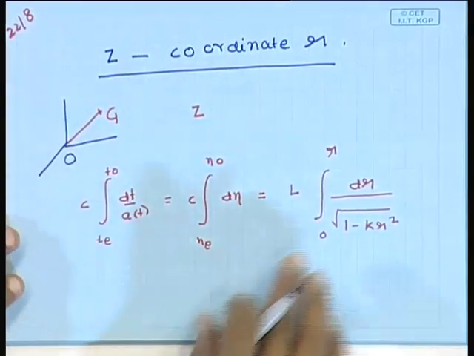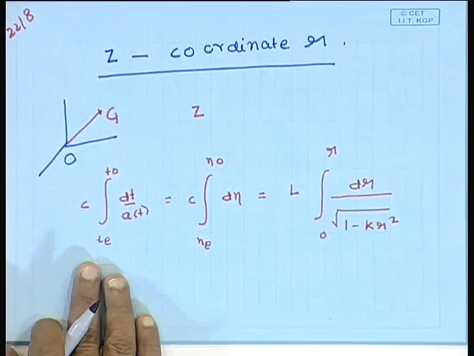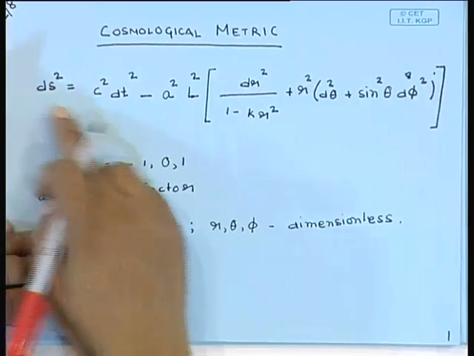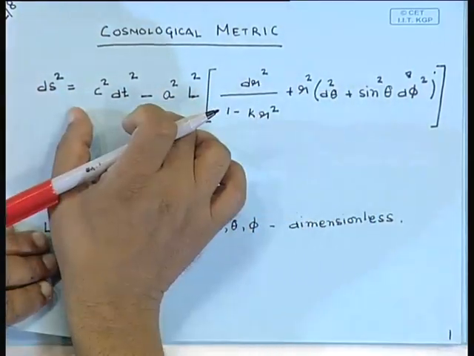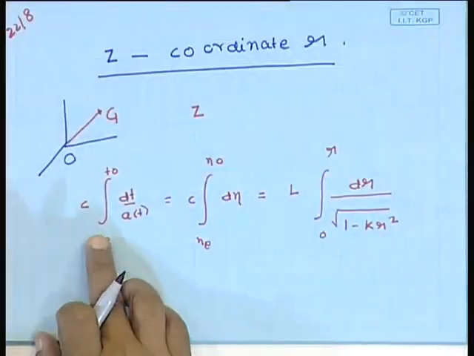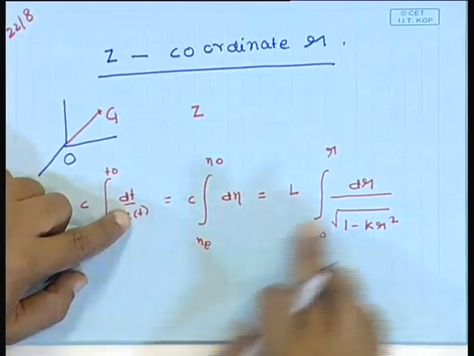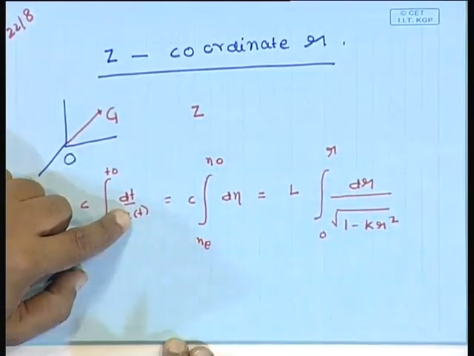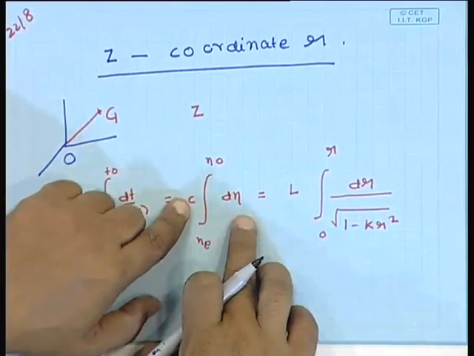Along the light's path, ds square is 0, so this term should be equal to this term, which is what I have written over here: c dt by A should be equal to L dr by square root of 1 minus k r square, and this is also equal to c d eta.